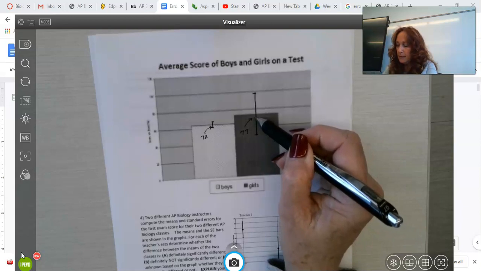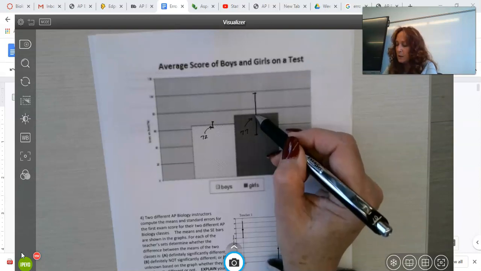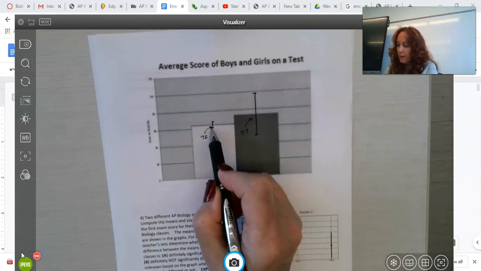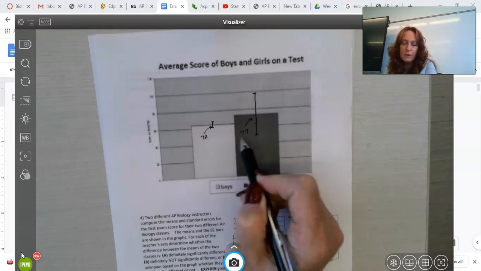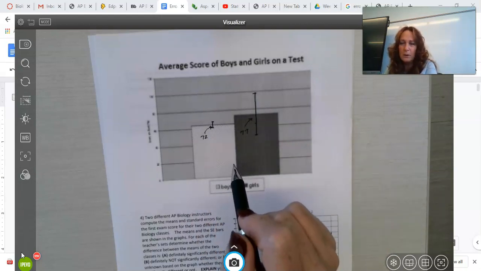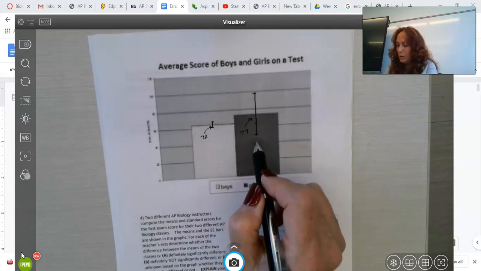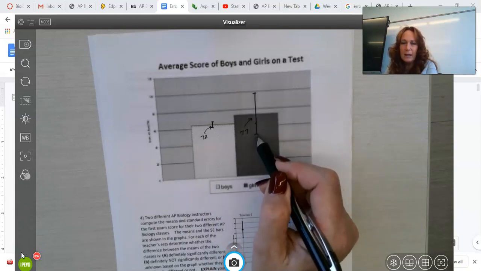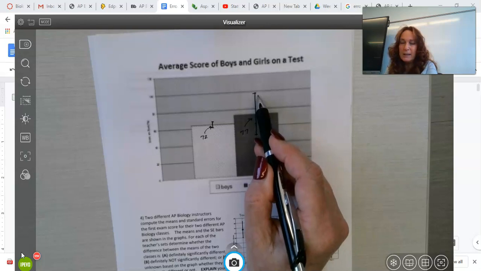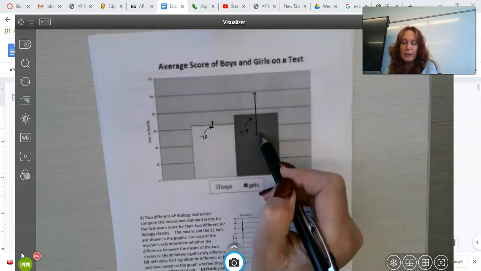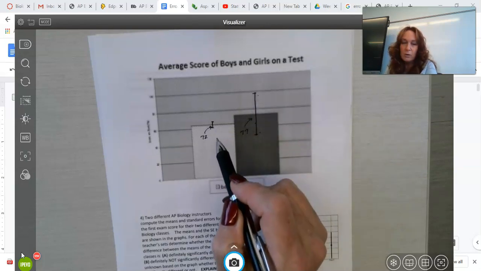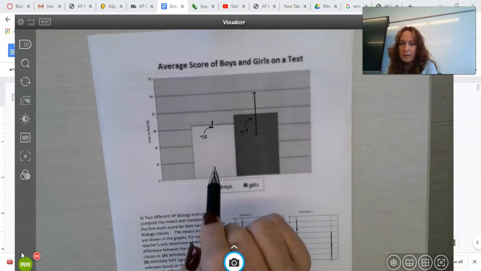And their mean is 77. So yes, their mean's higher, but their error bars overlap, so there's no difference between the 2. I'd be more wanting to go, hey girls, what's up? What's the difference between why some of y'all really got it and some of y'all really didn't? The boys all seem to understand about 72-ish%. Y'all were all over the place.